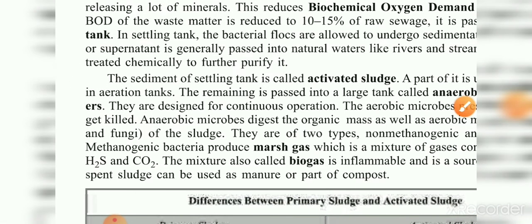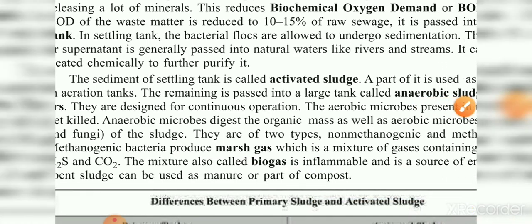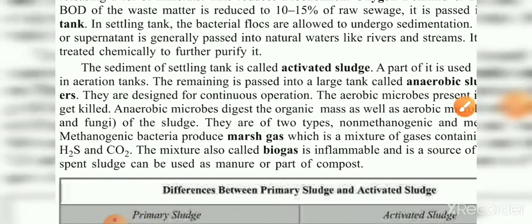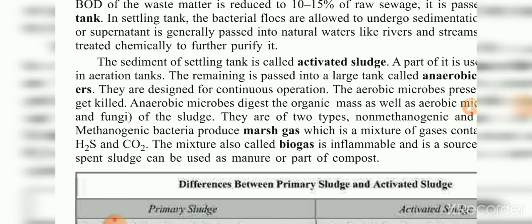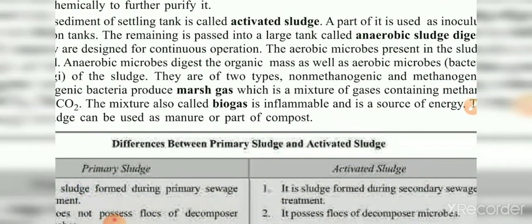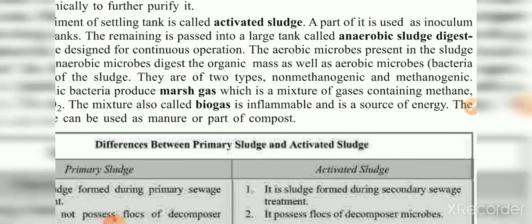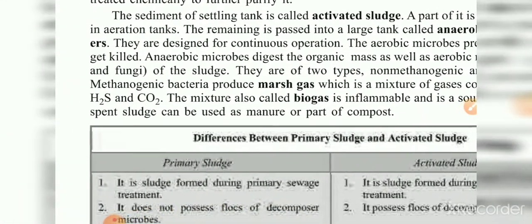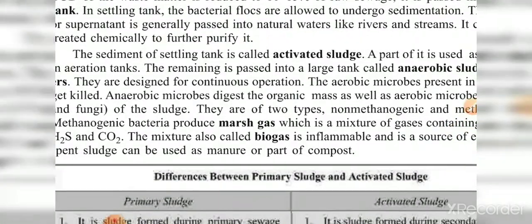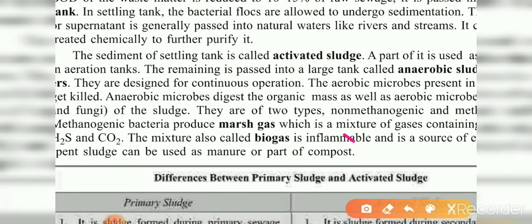The methanogenic bacteria produce marsh gas, which is a mixture of gases containing methane, hydrogen sulfide and carbon dioxide. This mixture is also called biogas and is used as a source of energy. And the spent sludge, the leftover sludge, is used as manure or compost. So that is all about this video. Thank you.